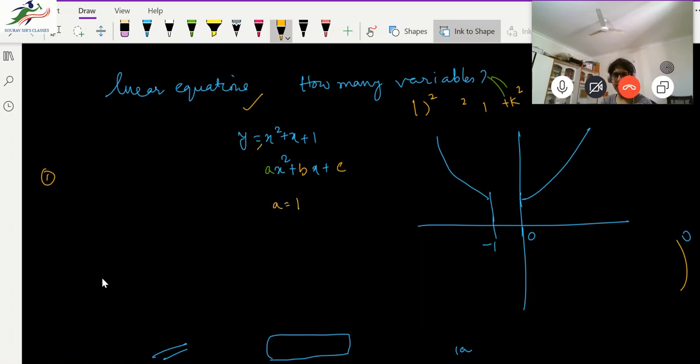A is the coefficient of x square, 1. B is the coefficient of x, 1, and C is 1, right? So b square minus 4ac is how much?